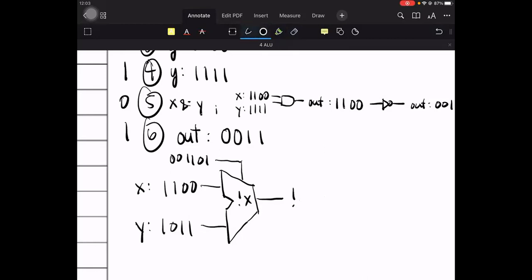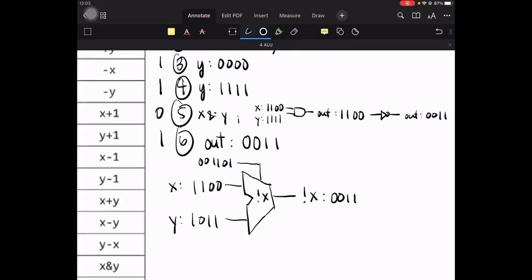We ended up at the NOT of X, which is 0, 0, 1, 1. So that's what's happening inside our ALU.